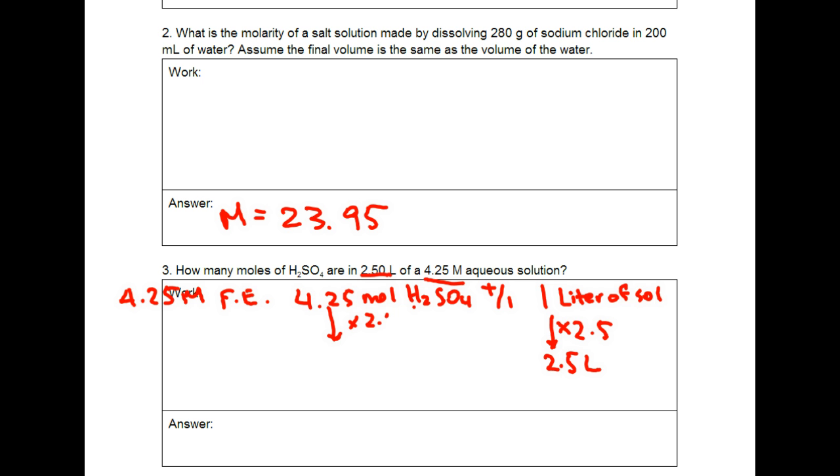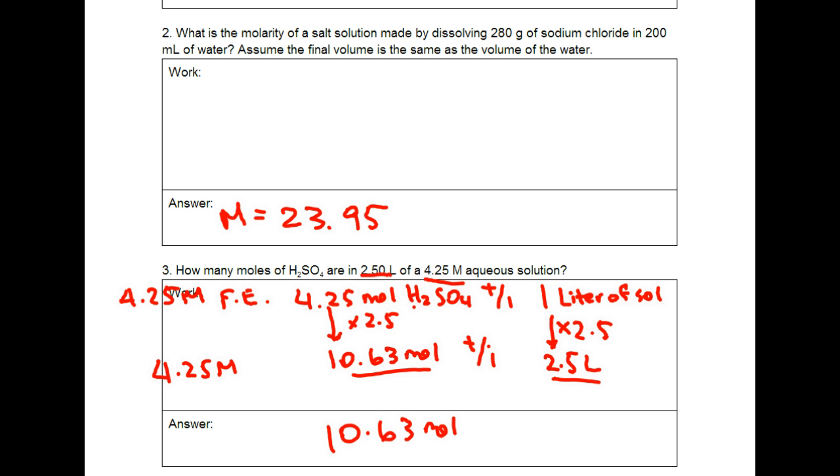So we multiply by 2.5 there as well, and we should get 10.63 moles. And likewise, you have moles and you have liters. If you were to divide 10.63 by 2.5, you should also get 4.25 molarity. Because here we're not changing the solutions, we're not diluting the solutions, we're just trying to figure out how many moles there would be in 2.5 liters, so we're trying to figure out ratios. So the answer is 10.63 moles of H2SO4.